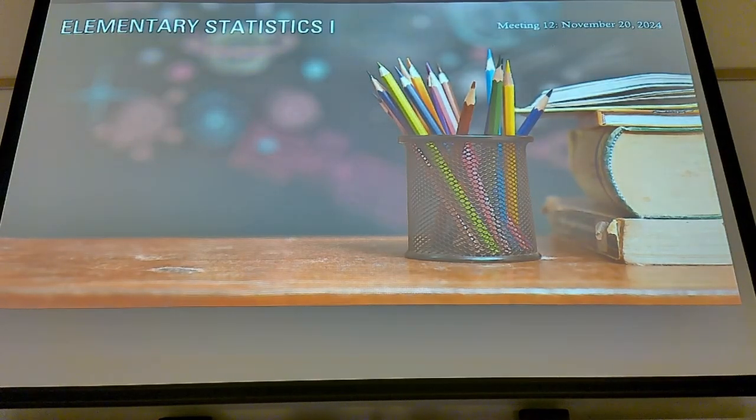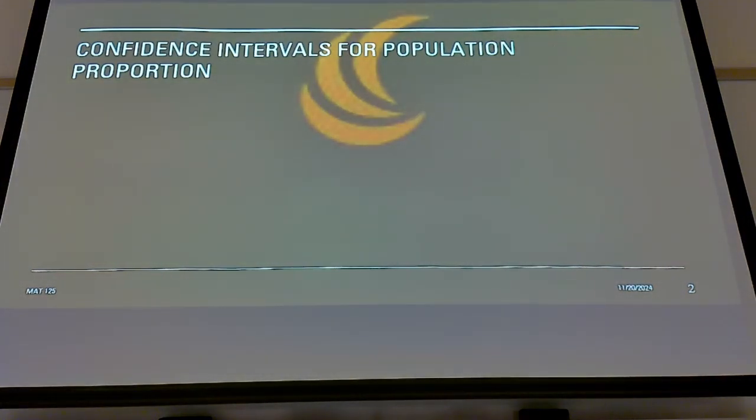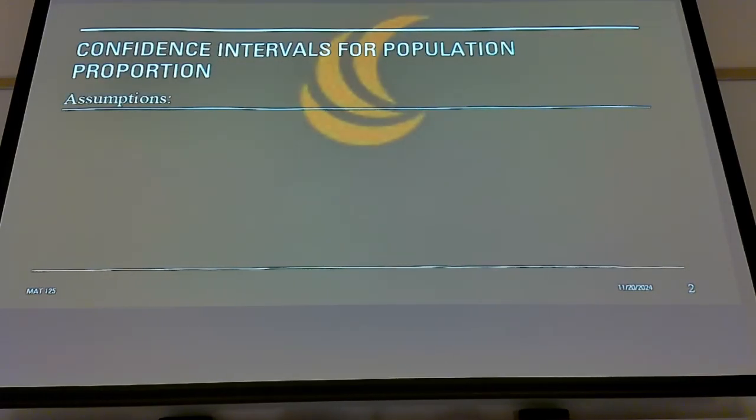Confidence intervals for the mean and the proportion distribution. So, finding a confidence interval for a proportion. As always, your sample is simple random.